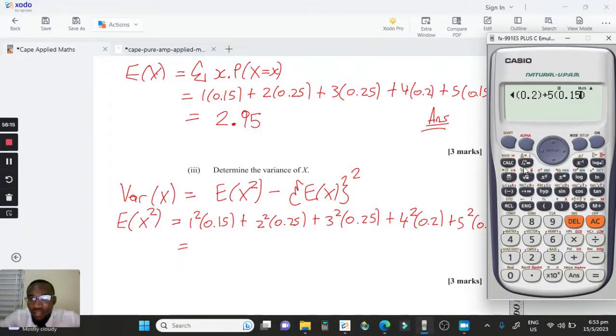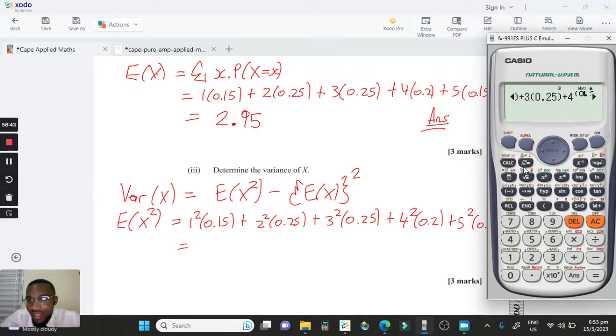And we'll plug that into our calculator. Very easy. Only difference now, change them here to square. I didn't want it to do that. 5 squared times 0.15. This part, I need it to be 4.